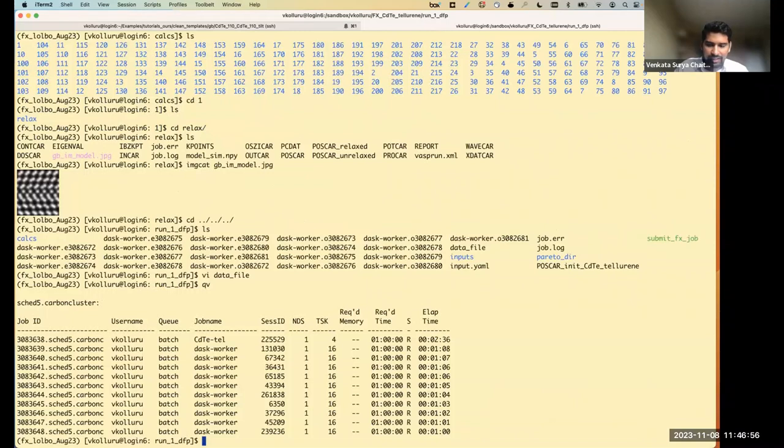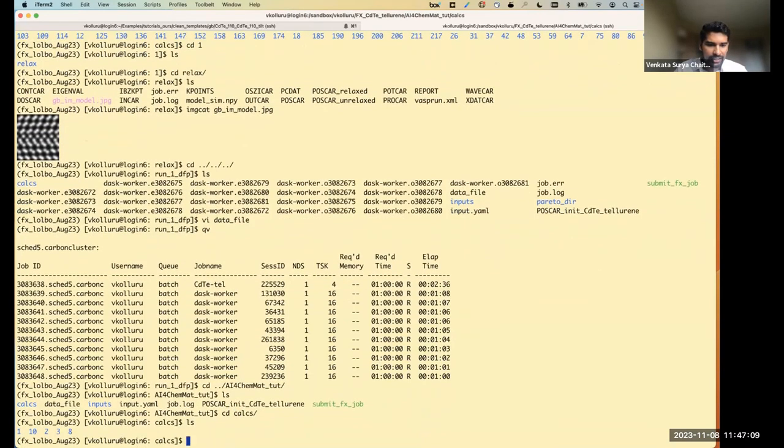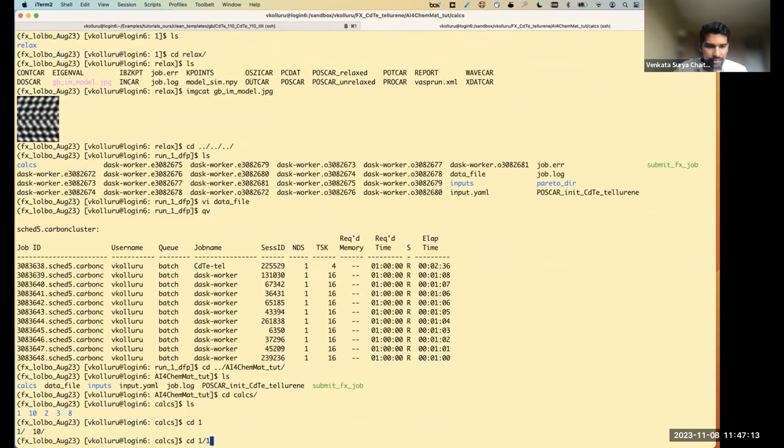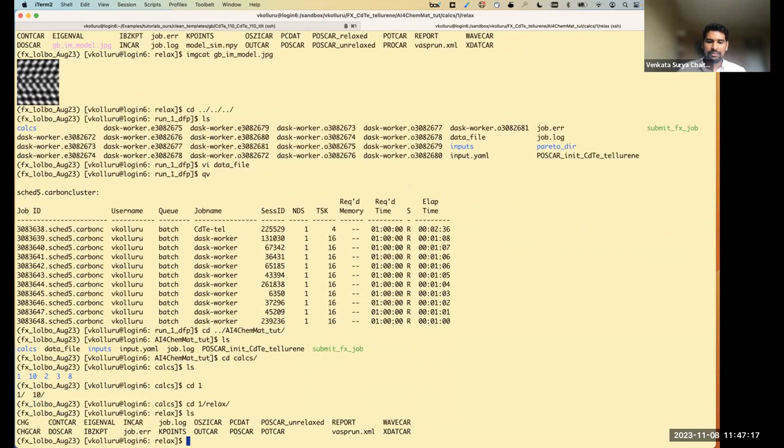Now, as you can see, all the workers have started. So all the 10 workers have started, and if we go back to the tutorial folder, you can see the calcs folder is created, and these calculations are already running. Yeah, so I'll just cancel this for now.